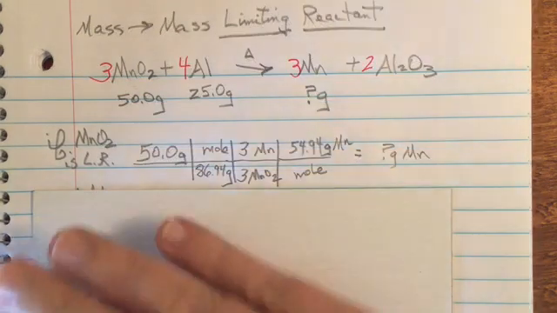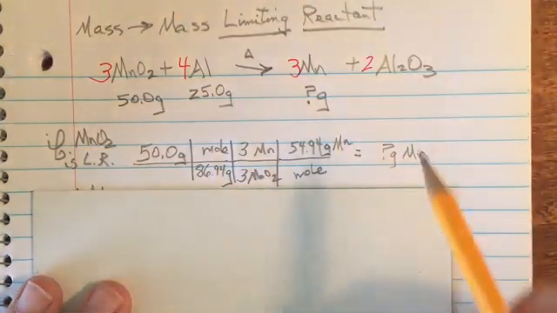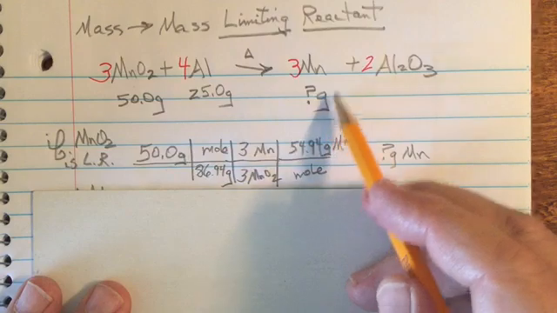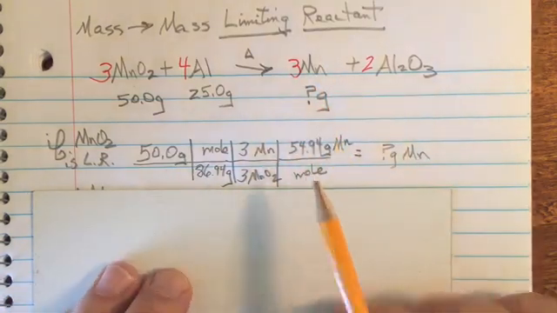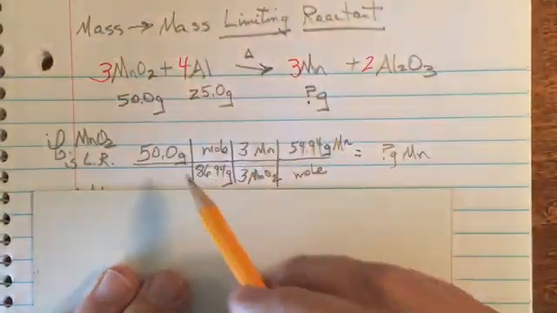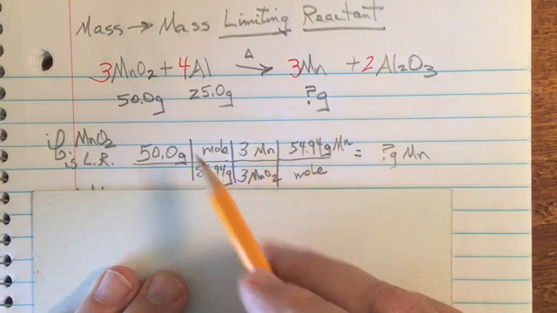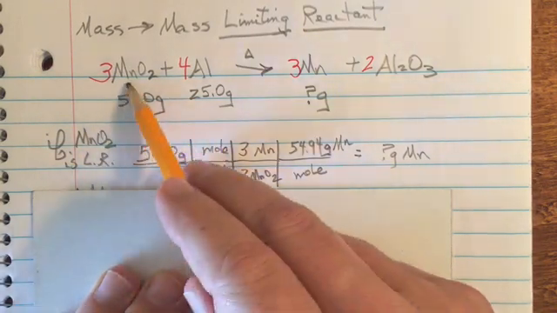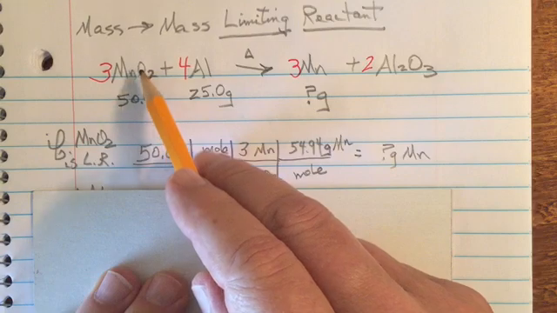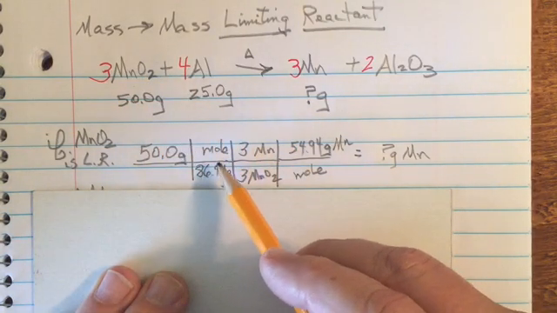Okay, I'm going to cover the second part just to illustrate how we calculate first the mass of the unknown product, starting with the mass of manganese oxide. I'm ignoring this number here for now. So 50 grams of manganese oxide, first step, divide by the molar mass of manganese oxide, 1 manganese atom plus oxygen plus another oxygen, to get 86.94 grams per mole.